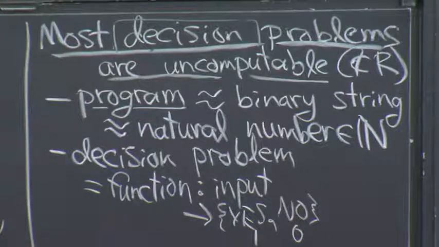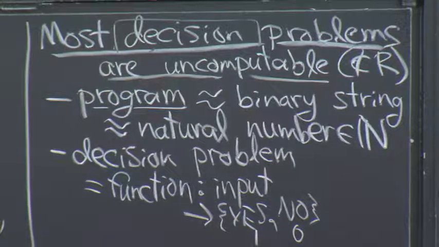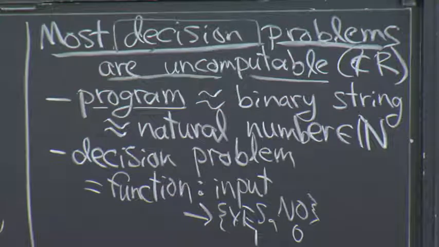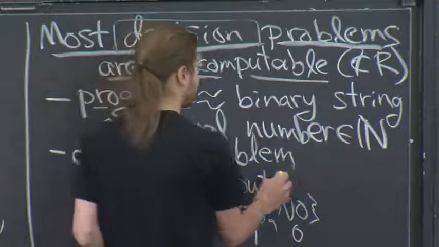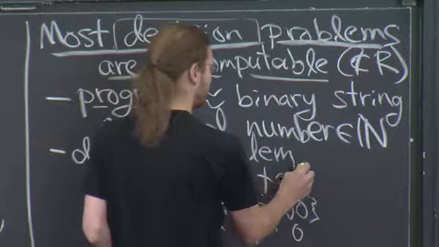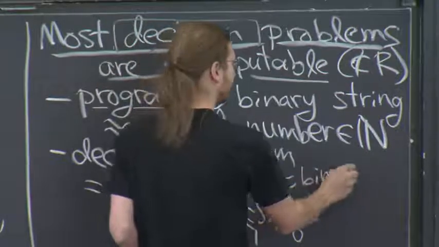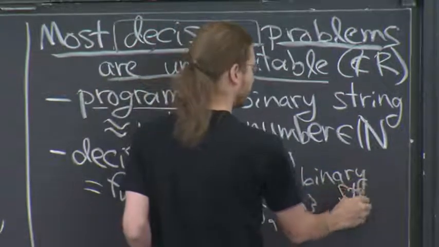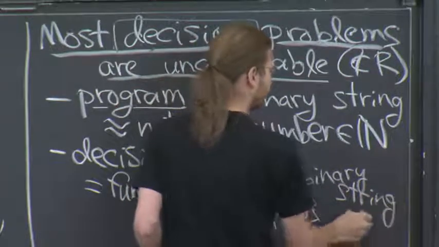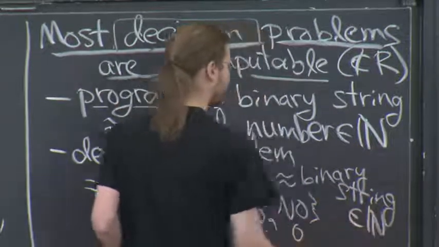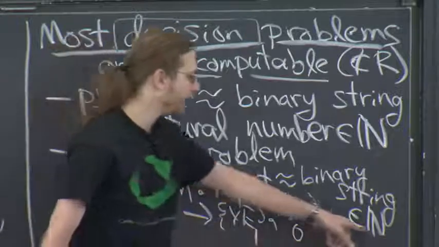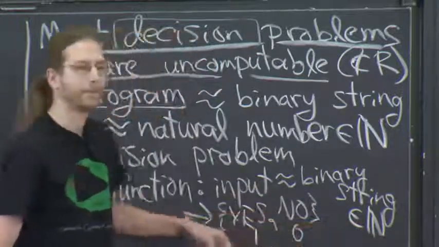So what's an input? Well, an input is a binary string. So an input is a natural number, which we can think of as being in N. So we've got a function from N to {0, 1}.